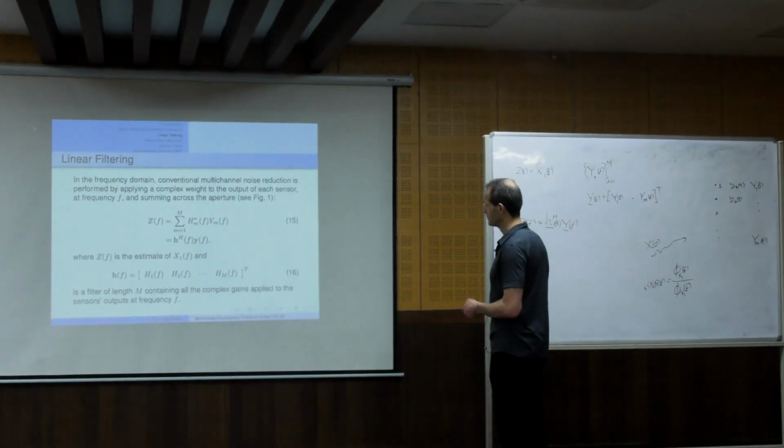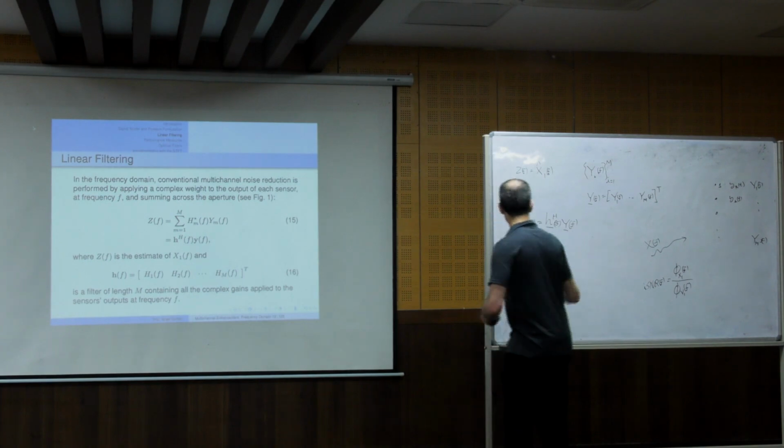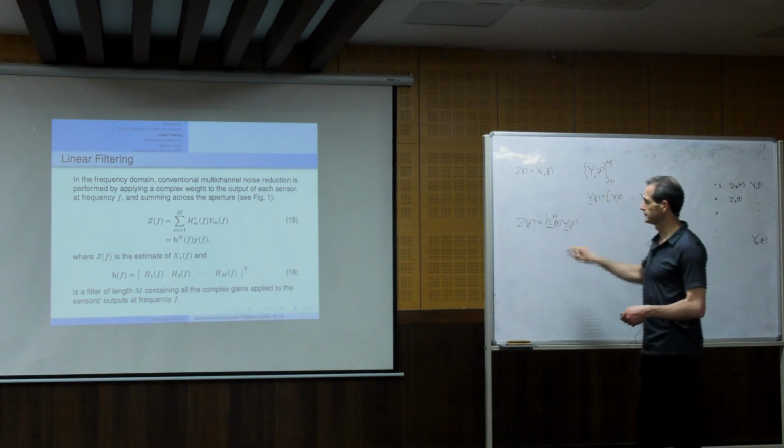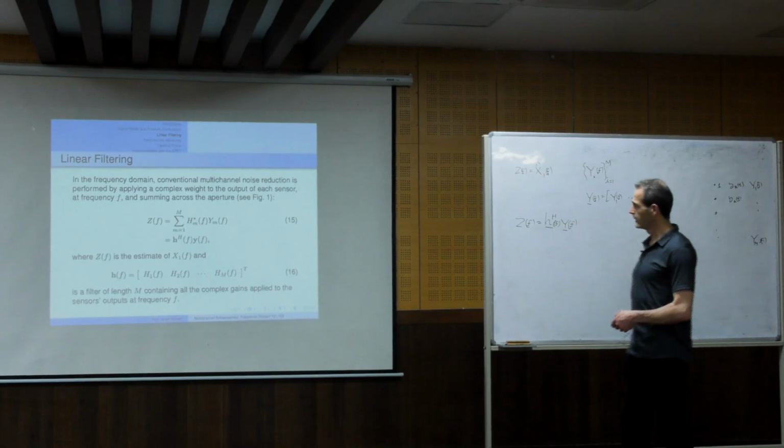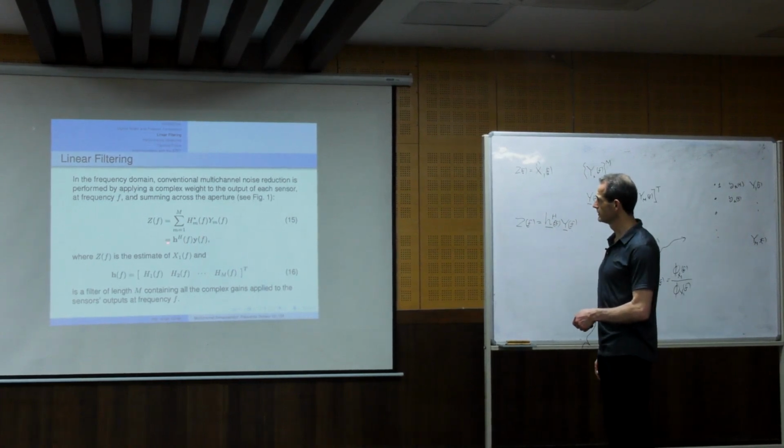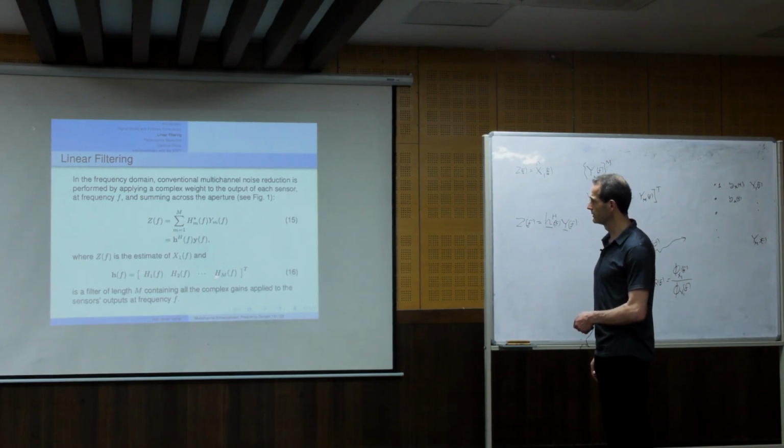So we can write for linear filtering, the output, an estimate of x1f, is a superposition of the noisy measurement. So it looks like this, where this vector is defined as the gains that we give to each measurement in each sensor.